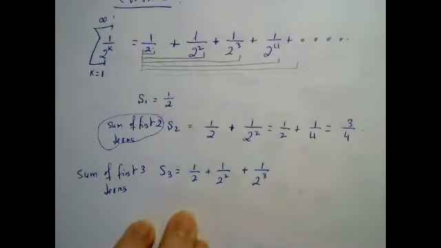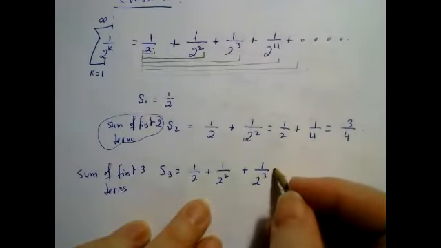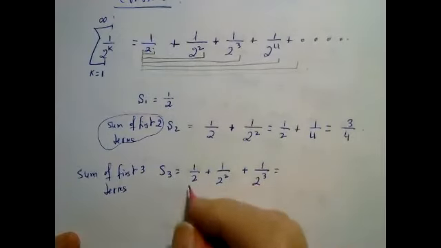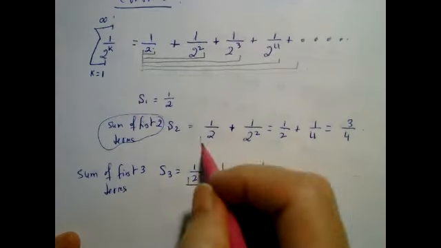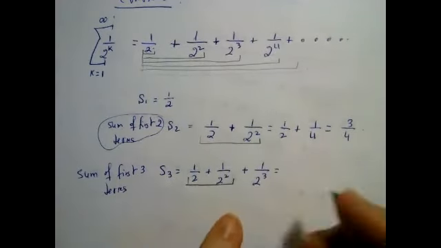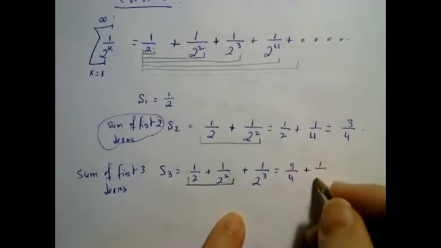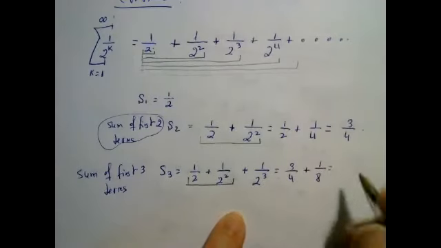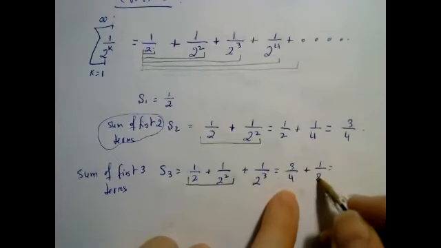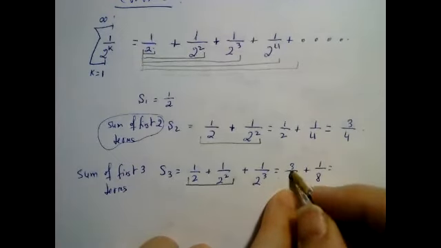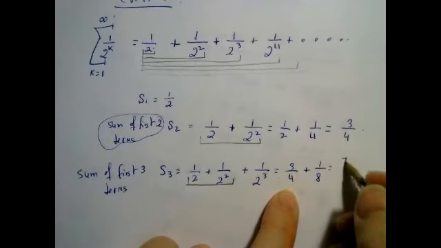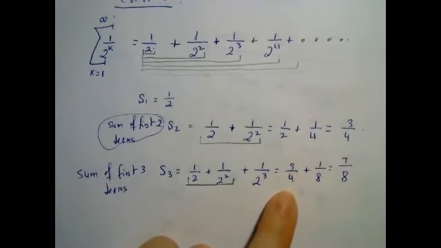I've already done those prior. I did that here. So this is going to give me 3 over 4 plus 1 over 8. The common denominator is 8, 2 times 3, plus 1. So this is going to give me 7 over 8.